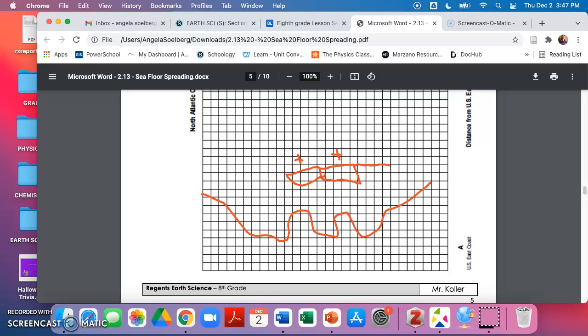Then you're going to do 4 more blocks, and you can shade them in a different color or you can leave them plain, and these are going to have a negative over them. Okay, and then we're going to do the next 4 blocks, and these are going to be positive. And you'll keep doing that all the way to the edge of your graph. You're just showing that the igneous rocks that are on that oceanic crust have changed polarity at certain distances.